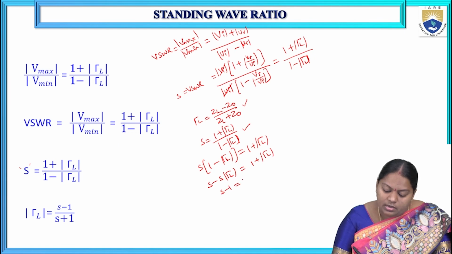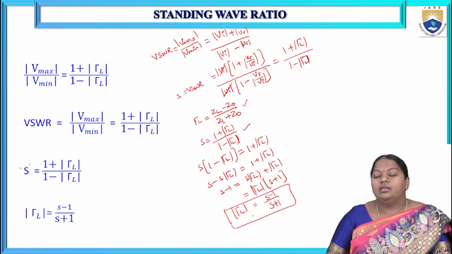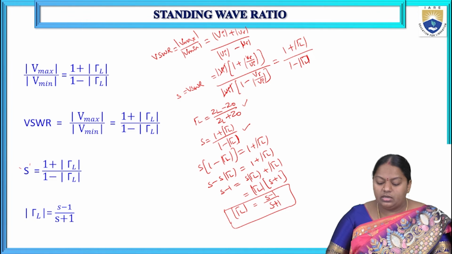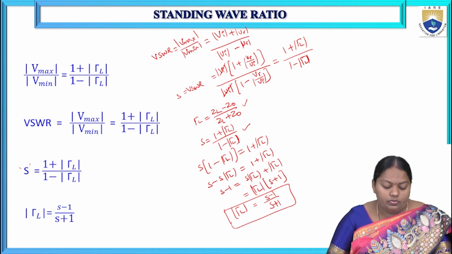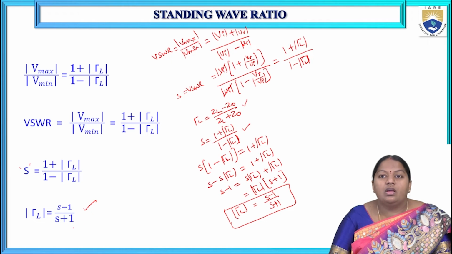S minus 1 is equal to S into gamma L plus gamma L, and if you take gamma L as common, S plus 1. Now from this, gamma L equals S minus 1 by S plus 1. This is the reflection coefficient gamma L obtained in terms of standing wave ratio. So gamma L is equal to S minus 1 by S plus 1.